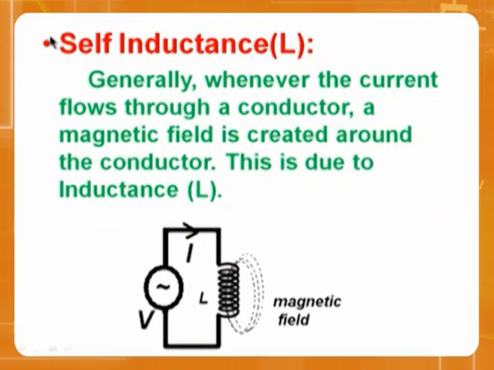First definition is self-inductance. Self-inductance we call L for inductance. Generally, whenever the current flows through a conductor, a magnetic field is created around the conductor. This is due to inductance. Even if you take a conductor and send some current through it, definitely flux will be there.